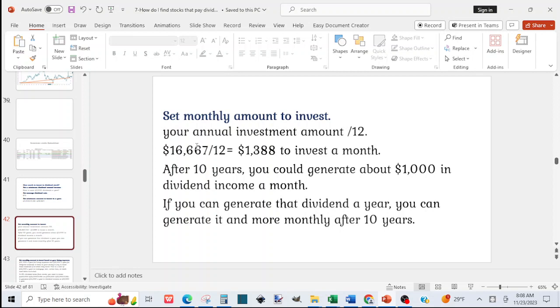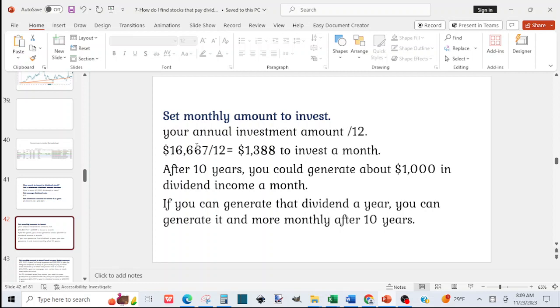income by just investing about $1,400 a month. So pretty much within 10 years, you will be making about the same in dividend income as you are investing a month in a stock that pays you 6%.